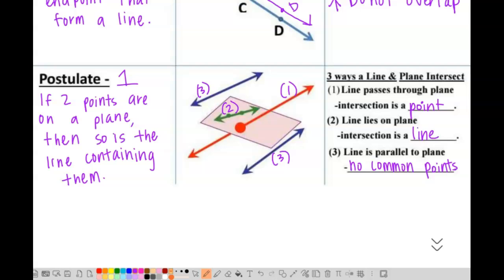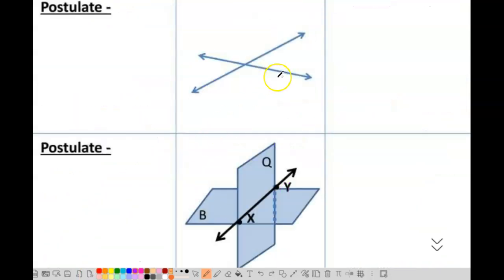Okay, let's move on to postulate 2. Open your foldable. Based on the image for postulate 2, what do you think we're intersecting here? 2 lines. And where do those lines intersect? In the middle. What is that called? The point.